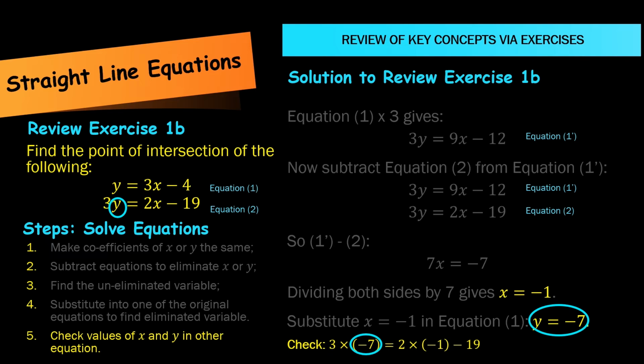So substituting y equals minus 7 and x equals minus 1 in equation 2 allows us to check that both sides are equal. So 3 times minus 7 is minus 21, and the right-hand side also is minus 21. So we've checked that x equals minus 1 and y equals minus 7 are the correct solutions for review exercise 1b.